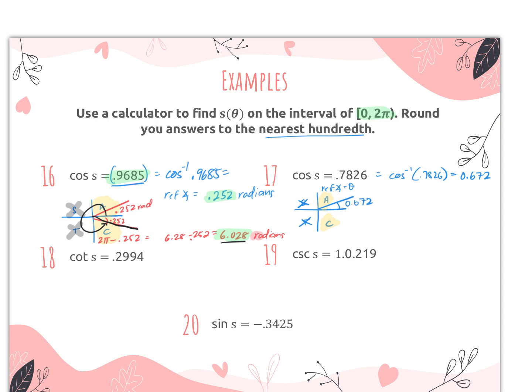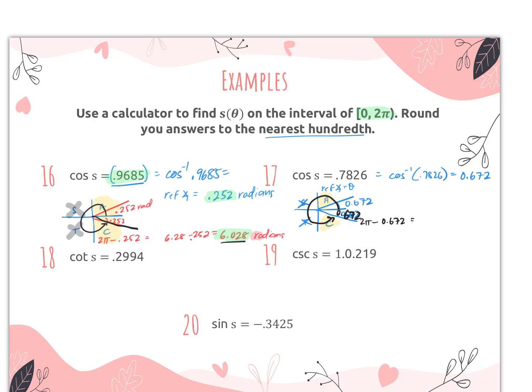In the fourth quadrant, again, that's my reference angle, 0.672. But I'm going to need to figure out what angle is going to end there. I know the angle is going to be 6.28 minus 0.672. We could do 2 pi minus 0.672. That's my reference angle, right?